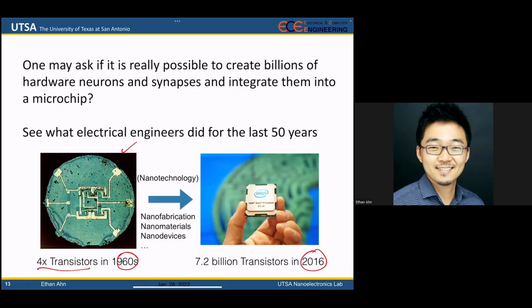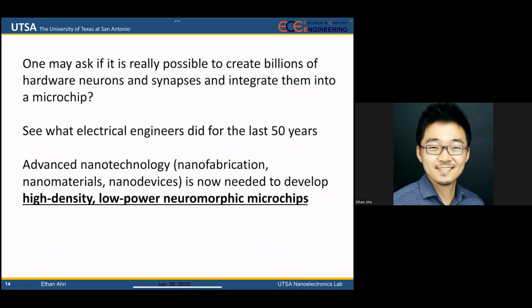See how much improvement there was. Because we have this technology, fabrication, nanomaterials, and nano devices, researchers are now revisiting this technology so that we can develop high density, low power neuromorphic microchips.